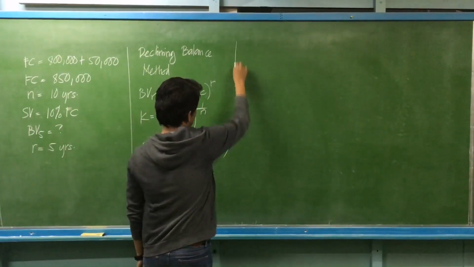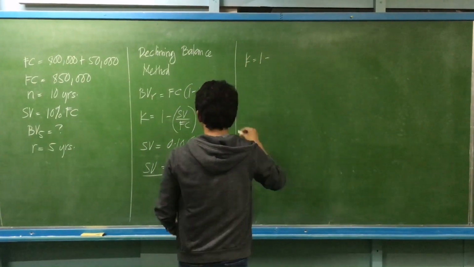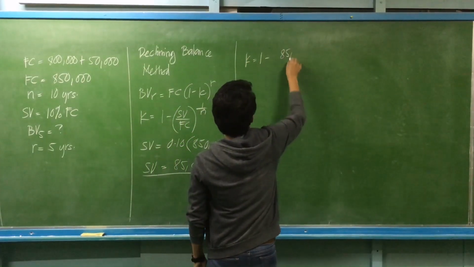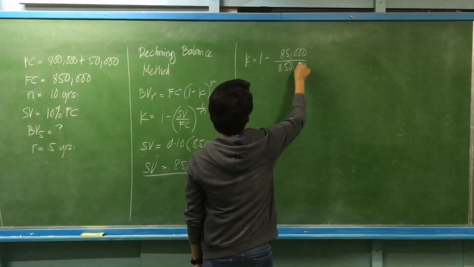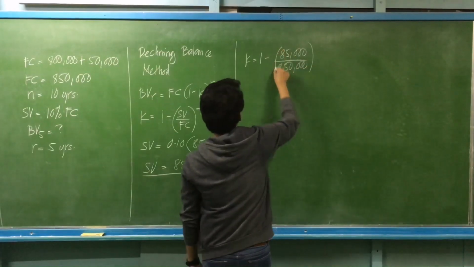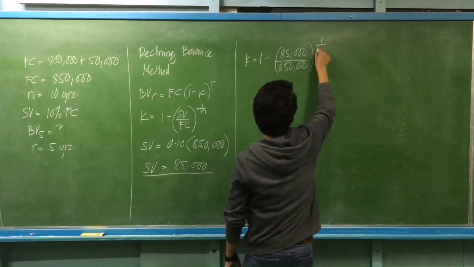Kunin natin yung the rate of depreciation. We have K is equal to 1 minus salvage value, 85,000, divided by first cost, 850,000, raised to 1 over N, 1 over useful life na 10 years.